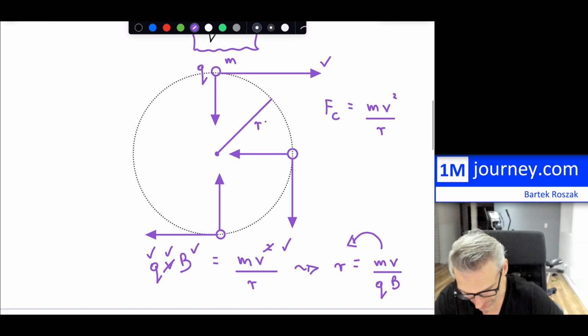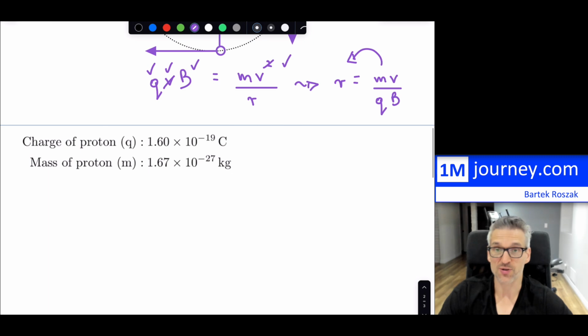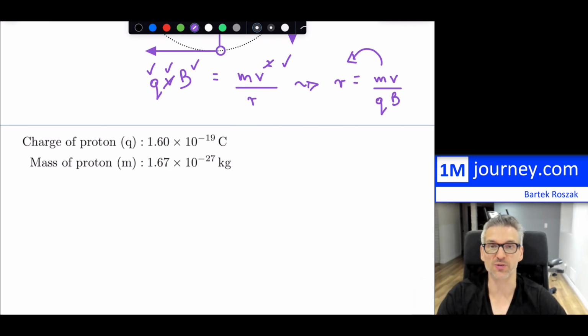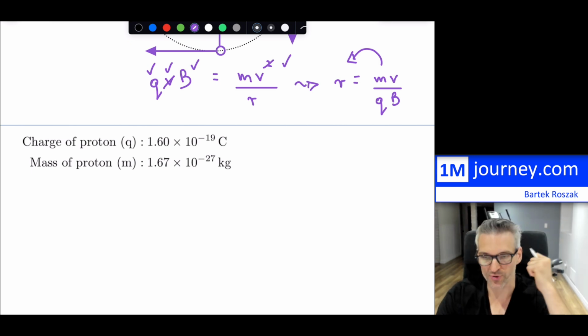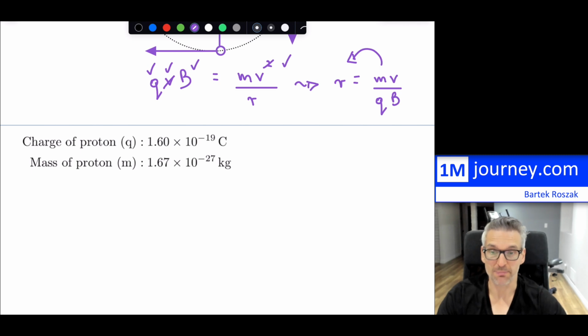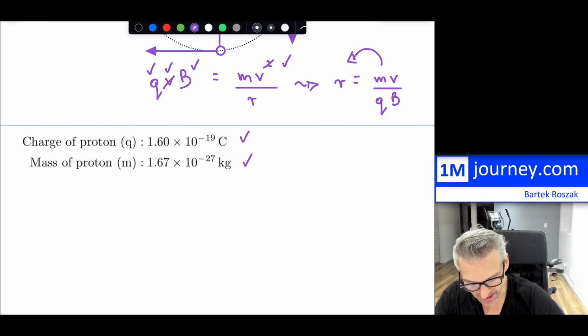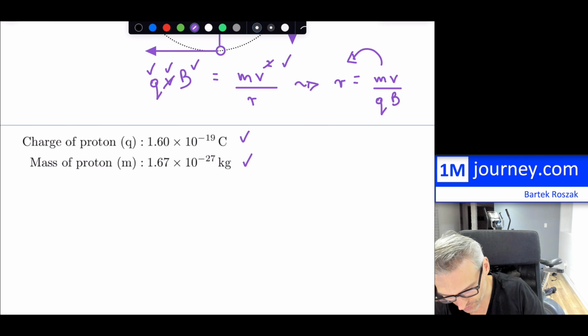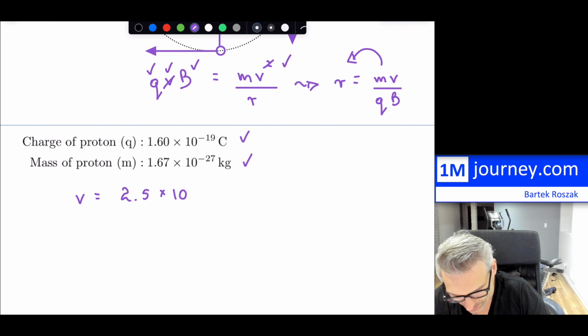So for instance, if you have a proton, let's take this instance, so you have some proton, and we know what the charge is, because that means we're just losing one electron. We know what the mass of the proton is, so I've provided these over here. And let's assume, just for the sake of this example, that the speed is 2.5 times 10 to the 7 meters per second.